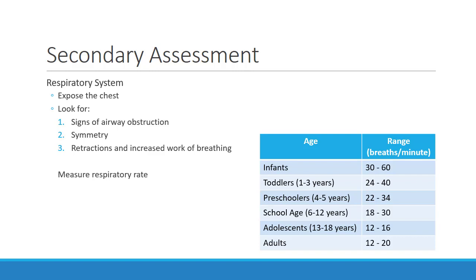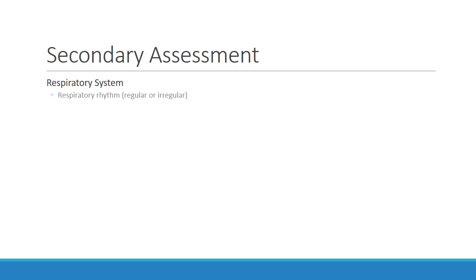Naturally, these ranges are fairly wide, and whether a patient is at the bottom or top of the range is going to be somewhat individual, and also may depend on their condition, what their medical problem or traumatic situation might have been. Another thing we want to look at with the respiratory system is the rhythm.